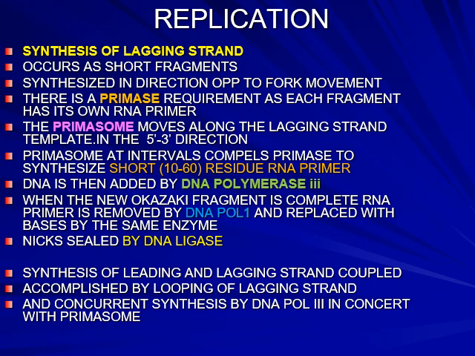Each fragment will have its own RNA primer. So the primosome will direct the primase to synthesize a short RNA primer which adds on nucleotides. Once that is formed, the primosome again compels the primase to synthesize another short RNA primer, and this keeps going on.